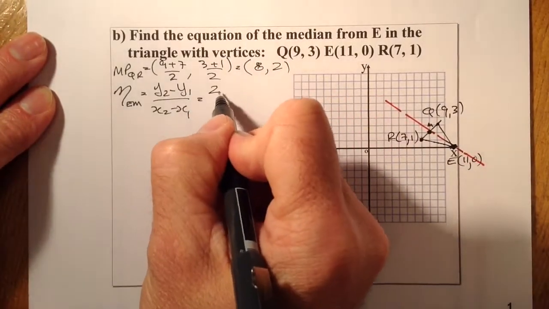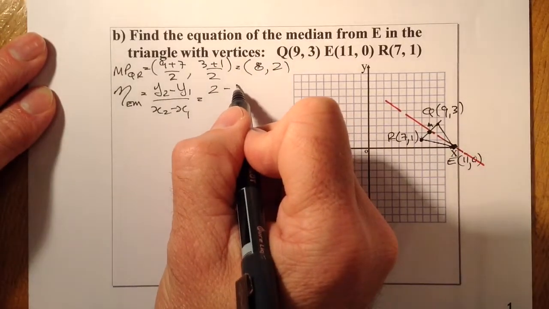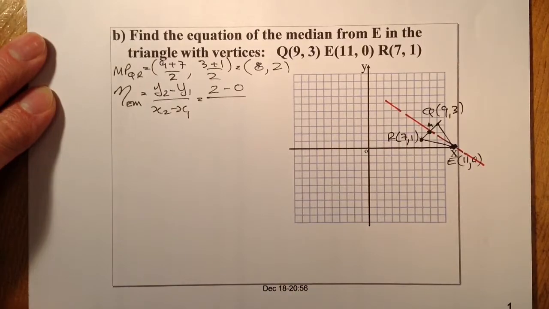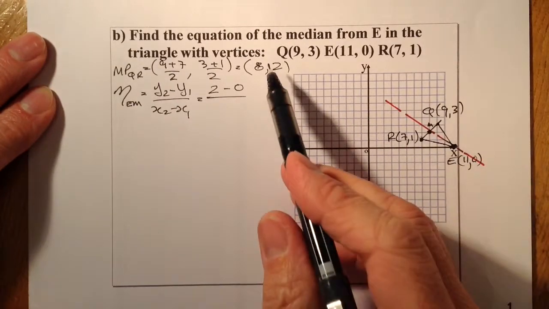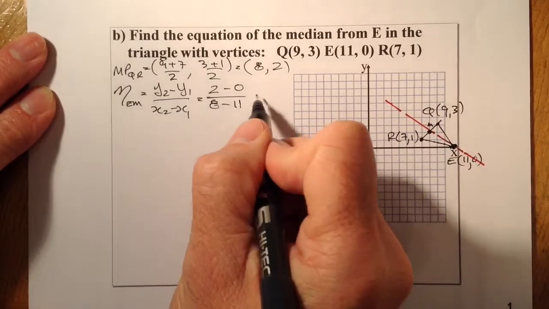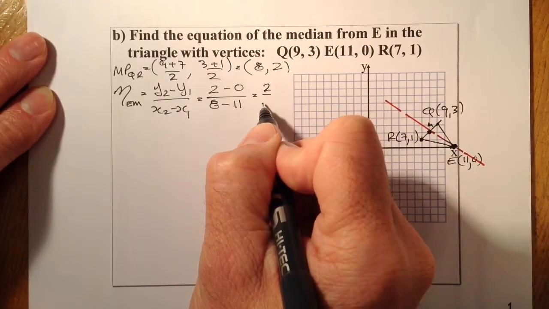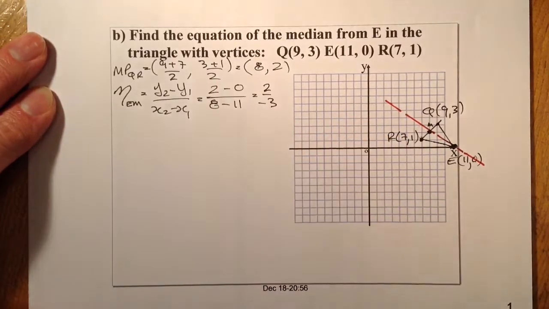Right, let's go for 2 minus 0 there. And we're going for the 8, and I'm going to subtract the 11. So that's going to give me a value of 2 all over negative 3. So that's going to be my gradient.